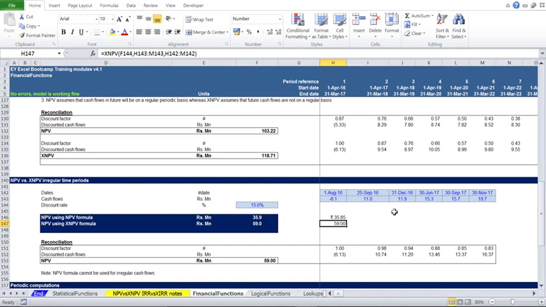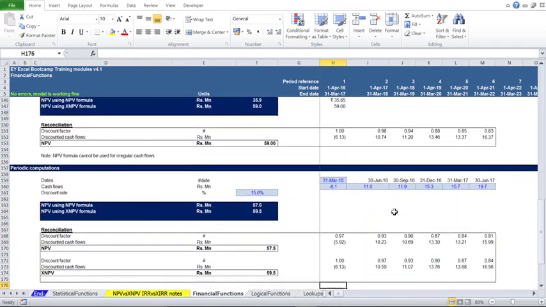So this is the difference between the NPV and XNPV functions, and why XNPV is a more accurate and better function than NPV. Now let's move on with our next example.